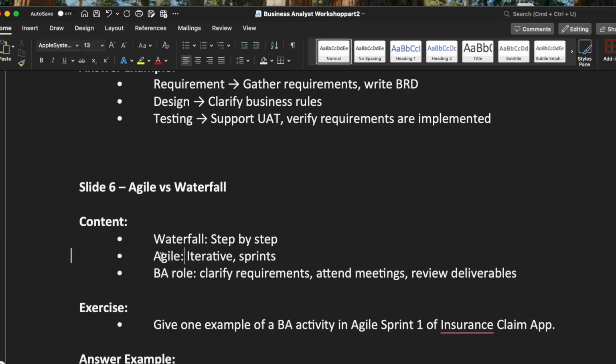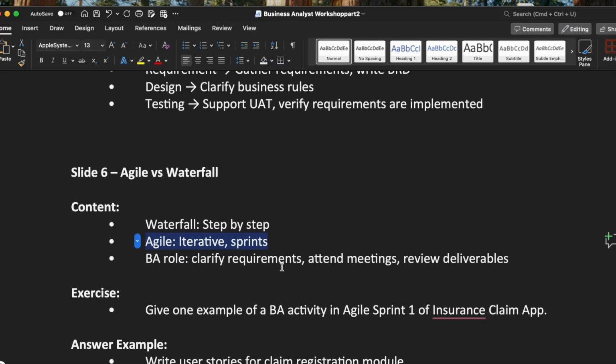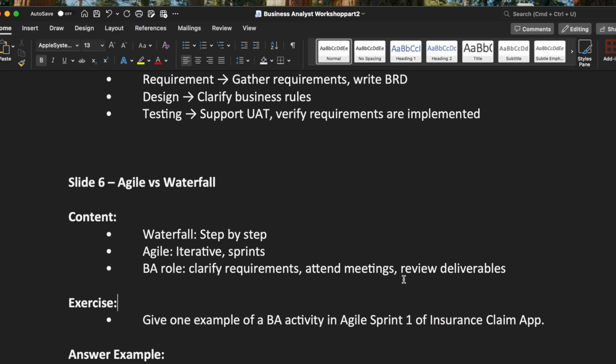So give me one example of a BA activity in Agile. Sprint 1 is insurance claim app. Anyone want to... Sorry, what did you say, Emmanuel?